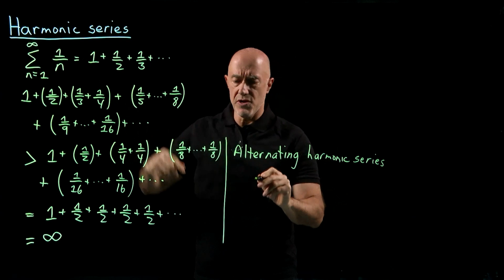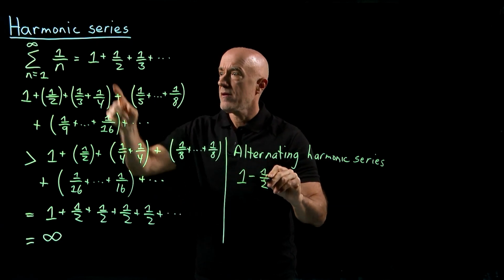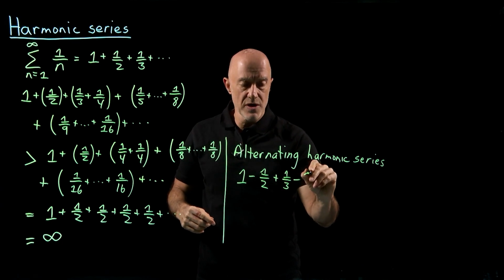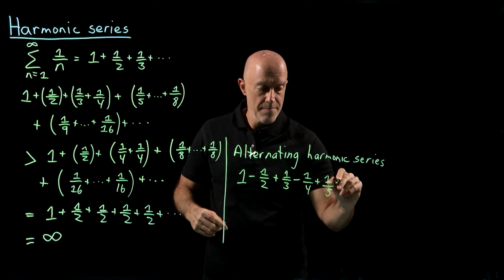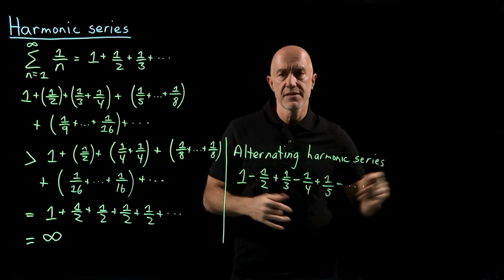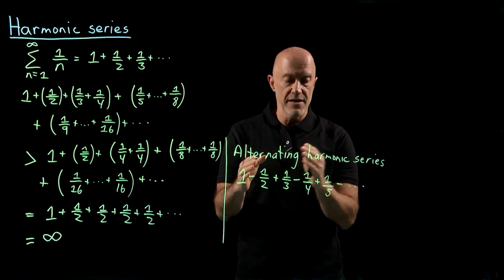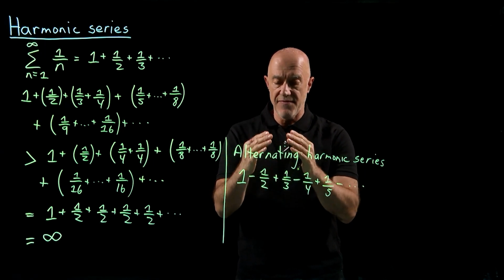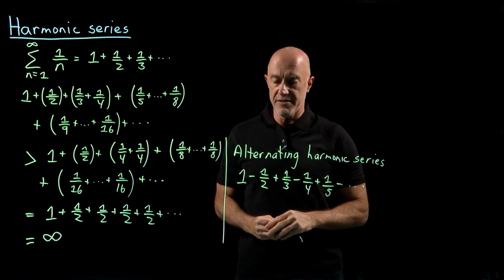And that's the series 1 minus a half plus a third minus 1/4 plus a fifth minus 1/6. And you see the pattern here. It's called an alternating harmonic series because we have a plus 1, a minus a half, a plus, a minus, a plus. So we're alternating the signs.